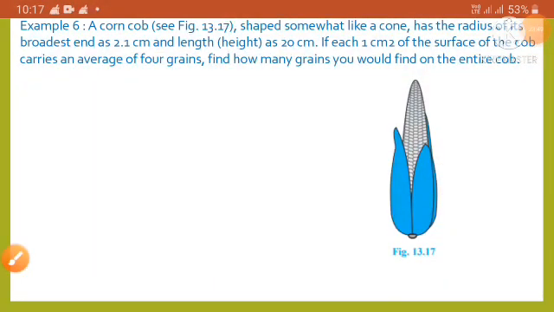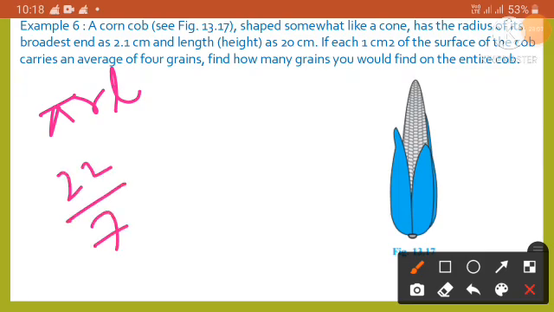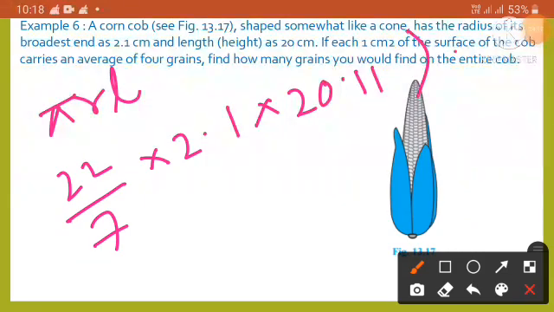Now we have to find out the curved surface area of this corn, and we know the formula is pi r L, so it will be 22/7 for pi, r here is 2.1 and L is 20.11, and the unit will be centimeter square.